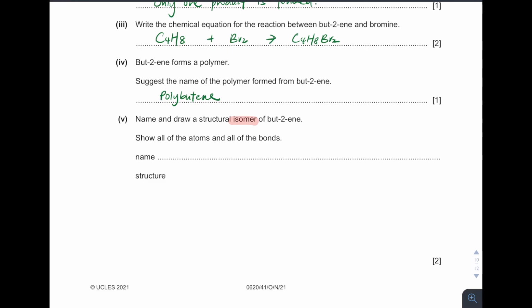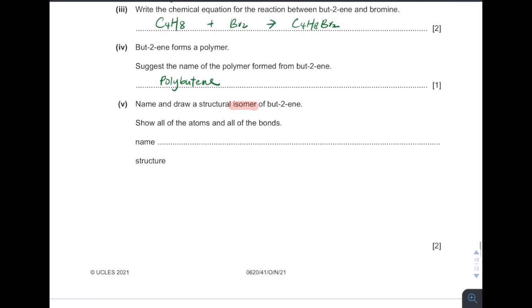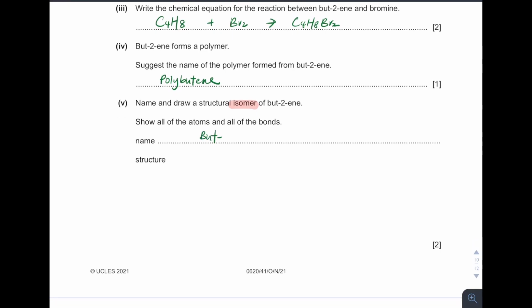Butene means the double bond is placed between the second and the third carbon. So another arrangement would be but-1-ene, which means the double bond is placed between the first and the second carbon. So it looks something like this. So 4 carbons, and remember, 1 carbon is always surrounded with 4 single bonds.